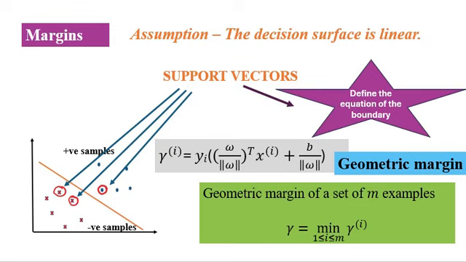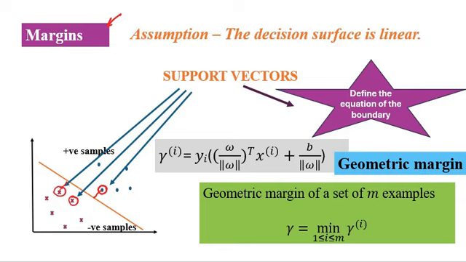For a quick recap, support vector machines want to find margins, with the assumption that the decision surface is linear. We have support vectors, which are the data samples closest to the decision surface, whether on the positive side or on the negative side. And these are the ones which define the equation of the boundary.